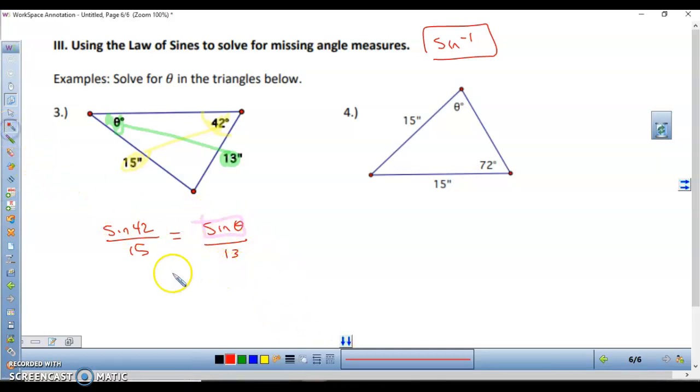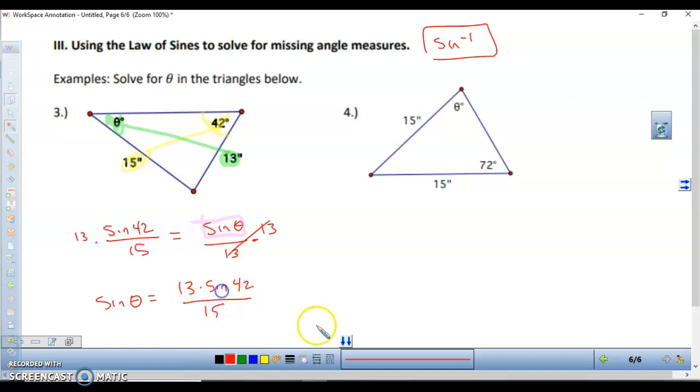So I will cross multiply, and I will get 13 times the sine. Actually, instead of cross multiplying, let's make this a little easier. I'm just going to multiply both sides by 13. So I would get that the sine of theta is equal to 13 times the sine of 42 degrees divided by 15.